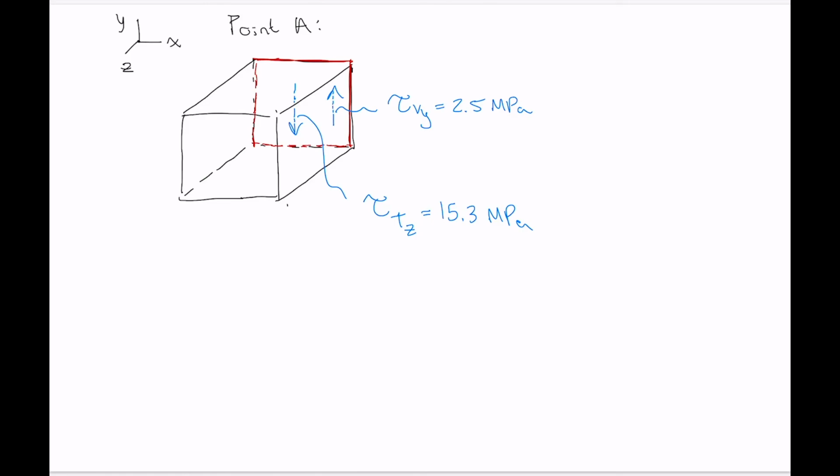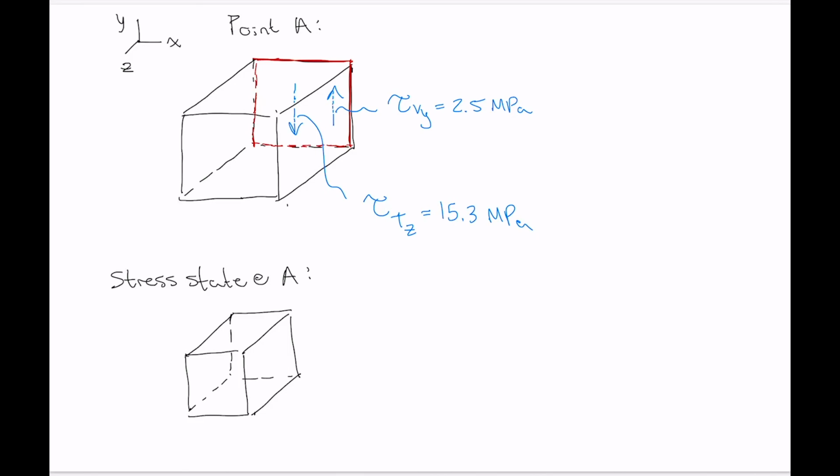So what we can do now is draw a picture that represents the stress state at point A. So stress state at A. Okay, so we'll just draw our cube of material at point A again, like this.